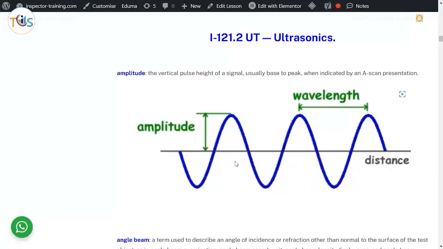We'll talk about frequency later on, but this is the amplitude. This is the frequency of the sound, and the wavelength is between two peaks.